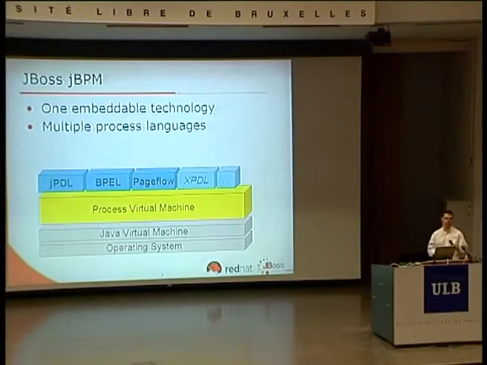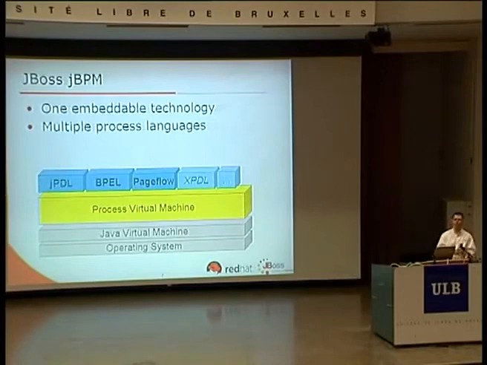This is pretty unique because in the Java landscape, you have no other BPM or workflow engine that is able to support more than one language. And what you see in the market is that there is no convergence between all these different languages. Instead, they diverge. You see more differences between the process languages each week or each month.